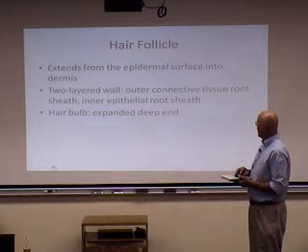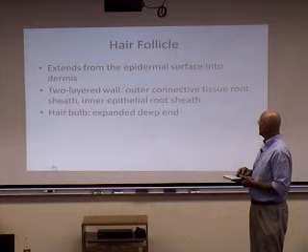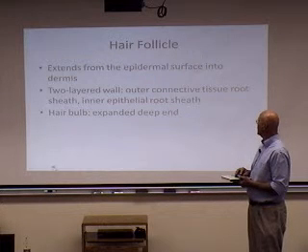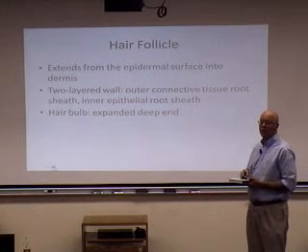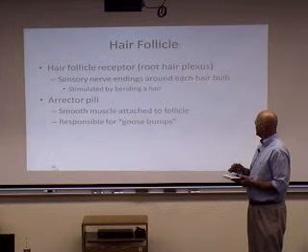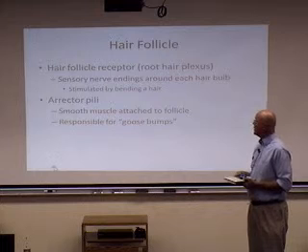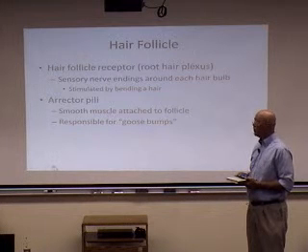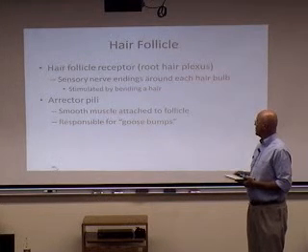Notice that the hair shaft extends into the hair follicle, and the hair follicle is a structure that contains the root of the hair, the hair bulb. And we also have a hair follicle receptor that's associated with that hair shaft, and that is a sensory structure.